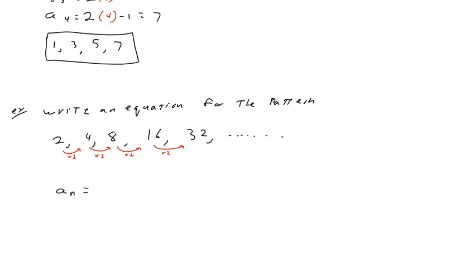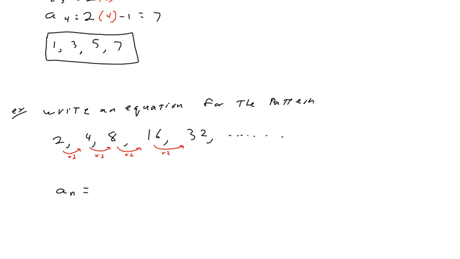Well, there's a couple ways we could create this pattern here. What we can say is take the previous number and multiply it by 2 to get the next number, right? So how can I write an equation that says take the last number?